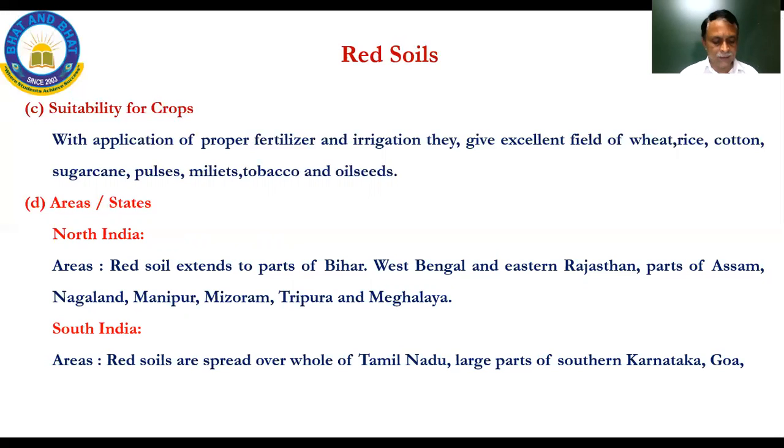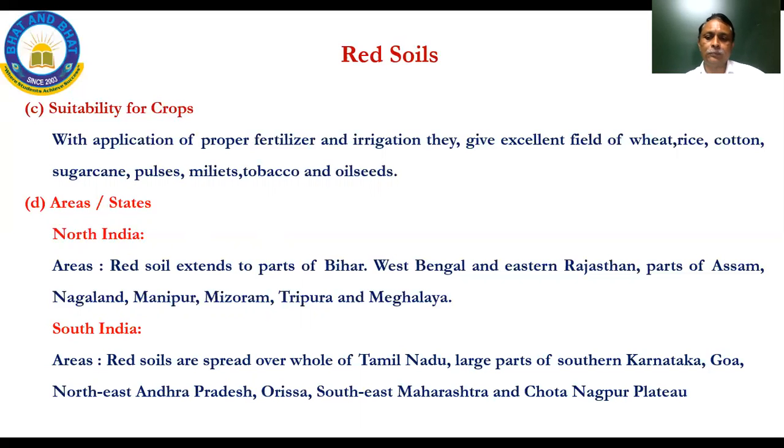And in South India, red soils are spread over the whole of Tamil Nadu, large parts of southern Karnataka and Goa. The soil in and around Bangalore is mainly red soil. So this is what you can practically see anywhere. Farmland in and around Bangalore districts all belong to this category.